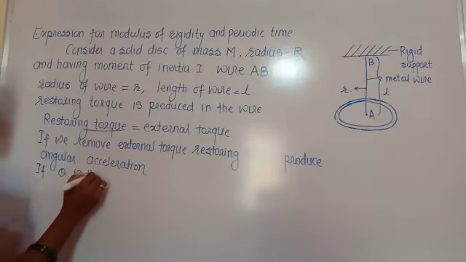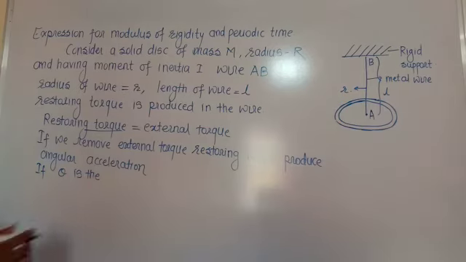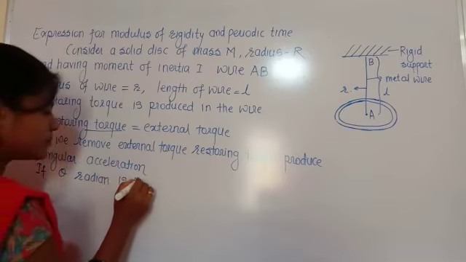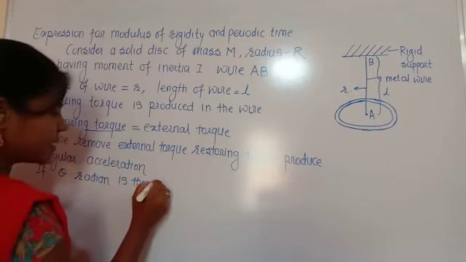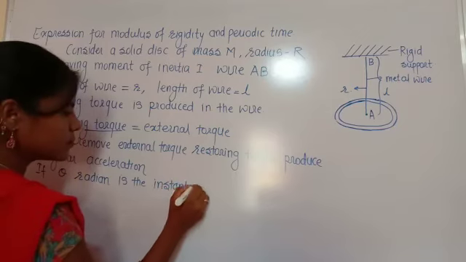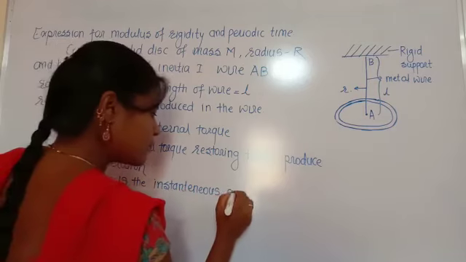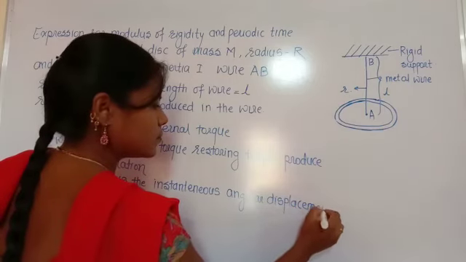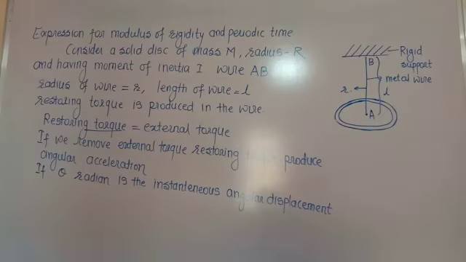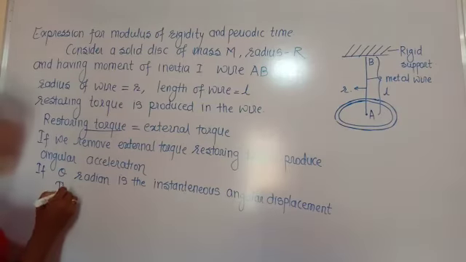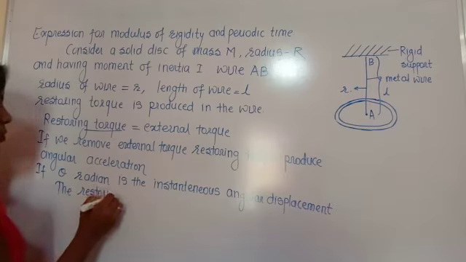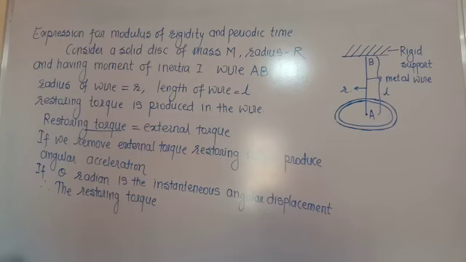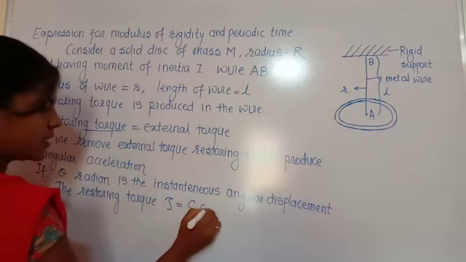If theta is the instantaneous angular displacement in radians, then the restoring torque is given by torque equals C into theta.